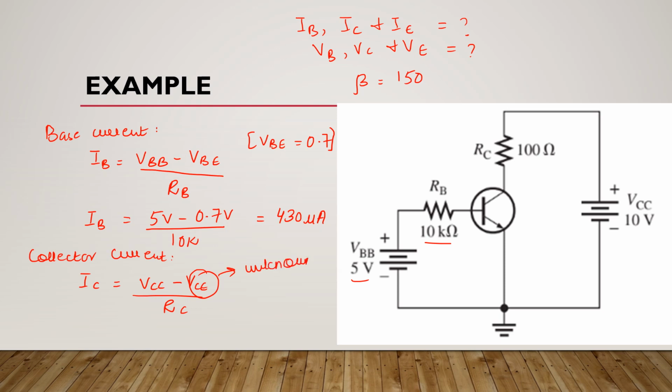So what we are going to do now, we will use another formula, which is IC is equal to beta times IB. Here we know that beta is 150 and IB is 430 microamperes. So after solving this, you will get 64.5 milliamperes. Okay, so this is your collector current.